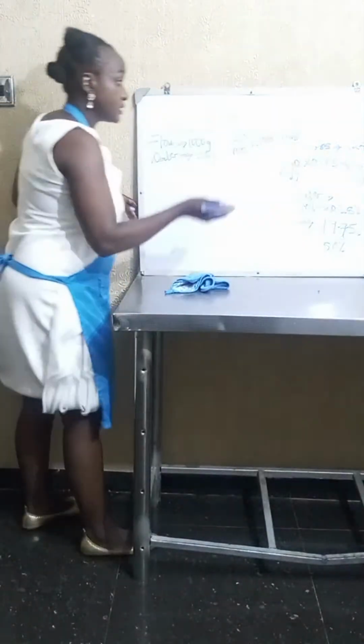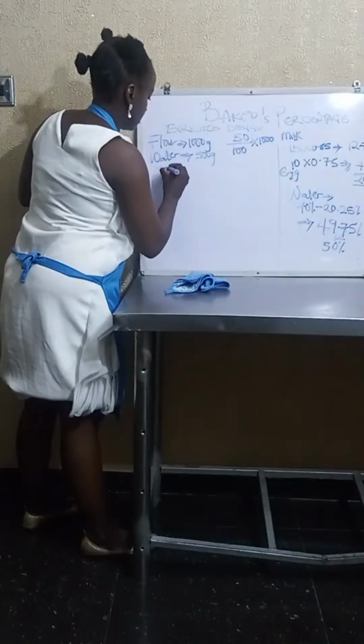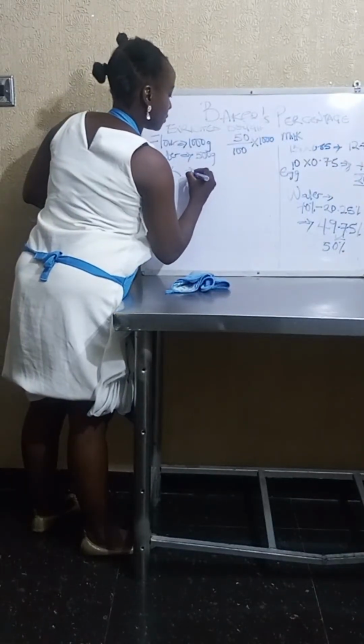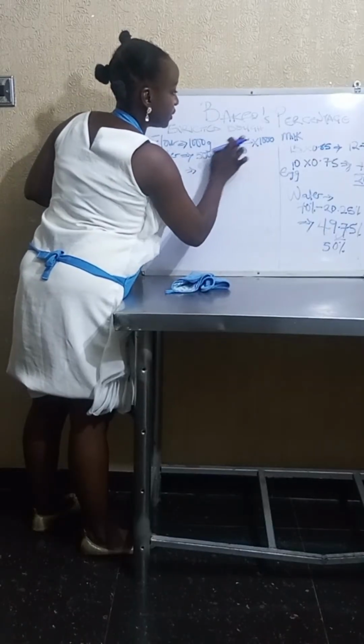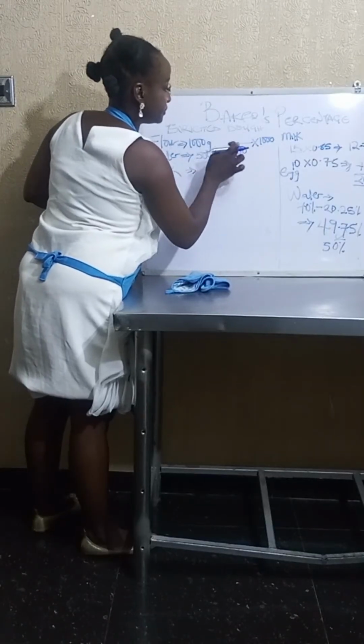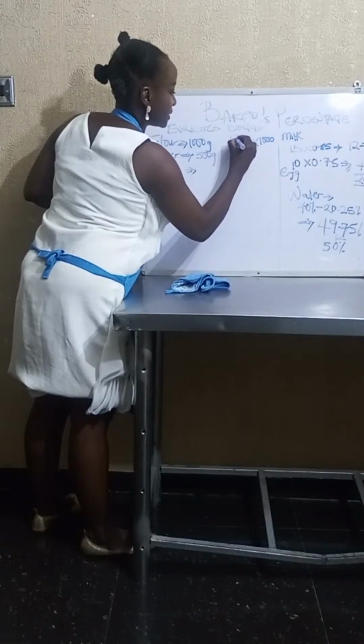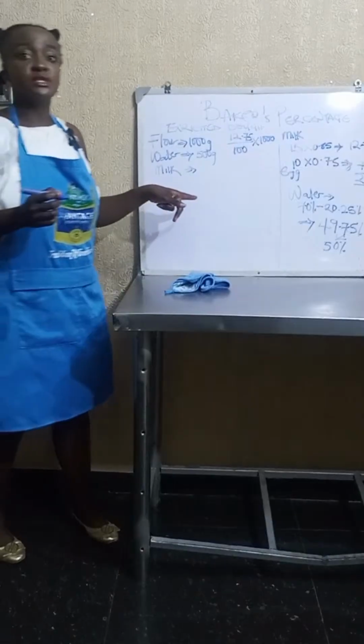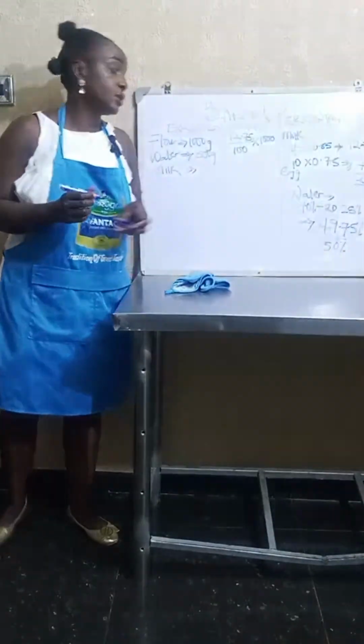We want to get our quantity of milk. Our milk is 12.75%. So instead of 50, we're going to clean up this 50 and write 12.75 to get the exact quantity of milk we're putting for this recipe. Please do the math. 12.75 divided by 100 times 1,000.